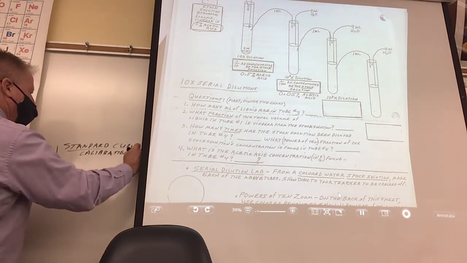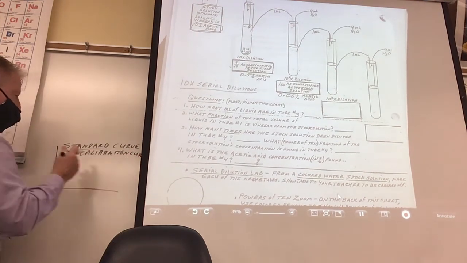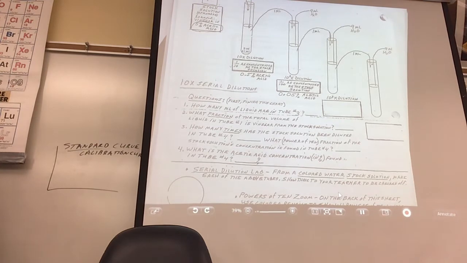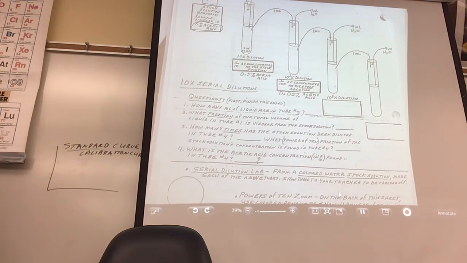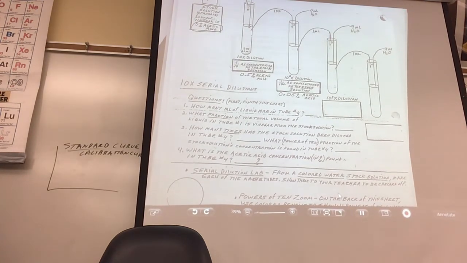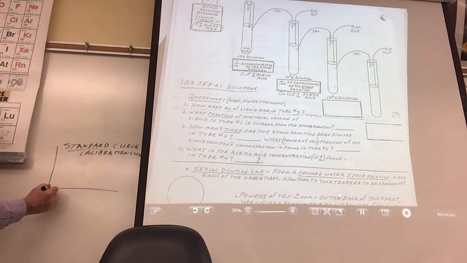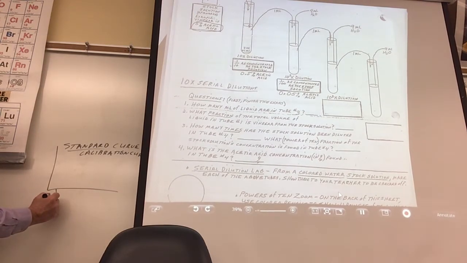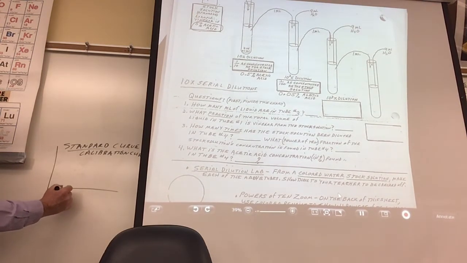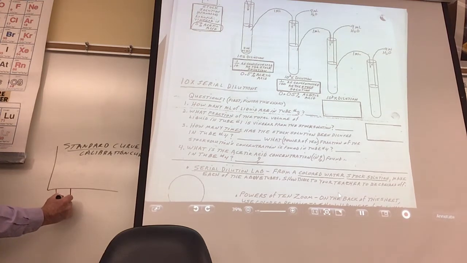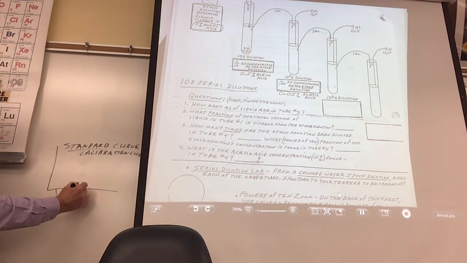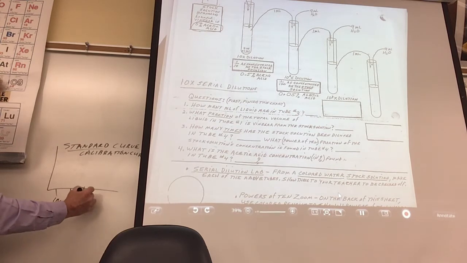Now, what does that mean? Calibration curve means I would like to use this machine to tell me some unknown things. So I have to make some knowns. Let's say, for example, this was a 1 molar solution. And then here you made a 10x dilution, this is 0.1 molar, and this is 0.01 molar.